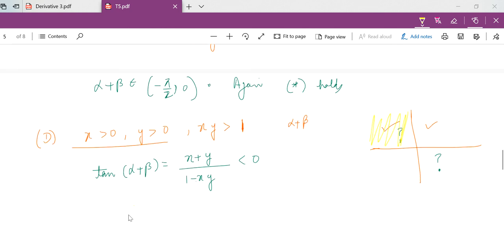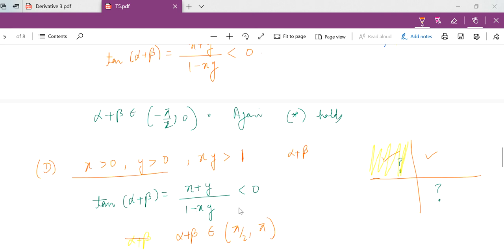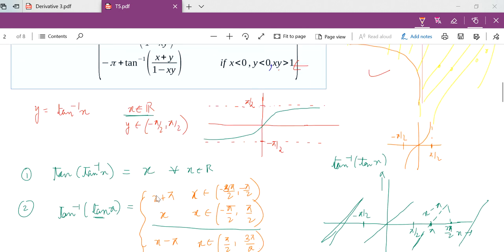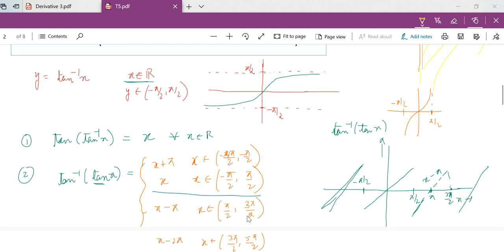That means you are satisfying both in the second quadrant. That means your alpha plus beta, okay, I don't think this is visible. So your alpha plus beta belongs to pi over 2 to pi, correct? Here is your alpha plus beta. Now what I need to do? I need to go back, because you are from pi by 2 to 3 pi by 2, tan inverse tan of x is x minus pi.